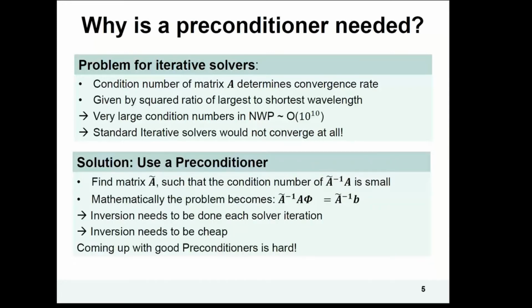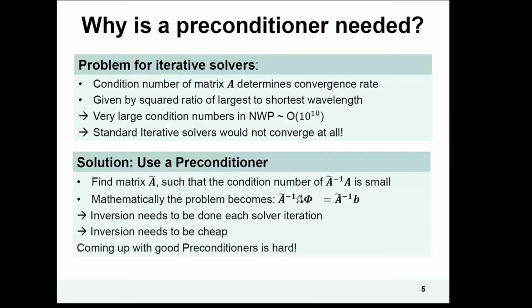So what you do instead is you use a preconditioner, and the preconditioner is basically trying to find a matrix A tilde so that the condition number of your combined matrix is smaller. So basically you reformulate the problem mathematically by multiplying from the left, left side preconditioning, with this A tilde.